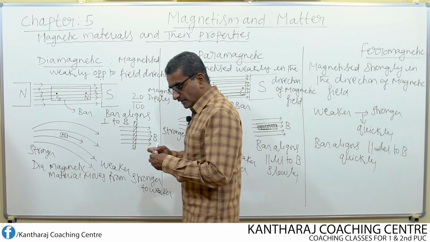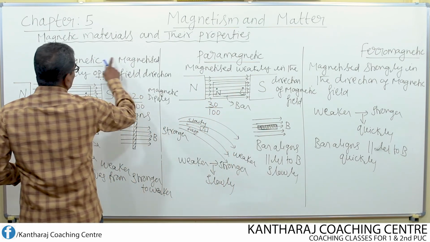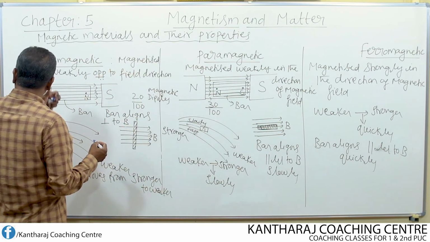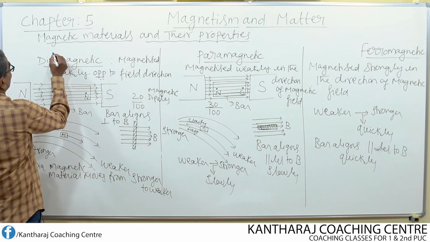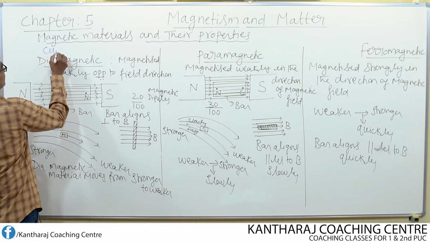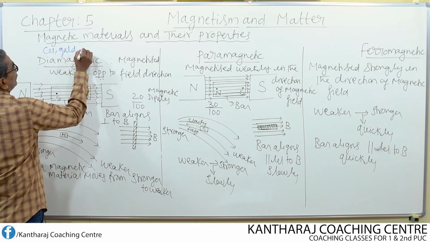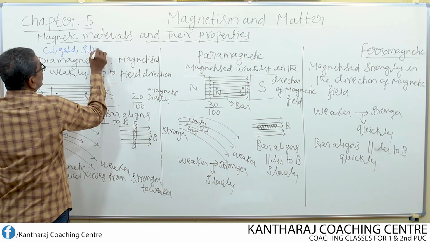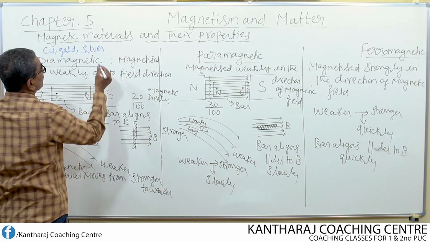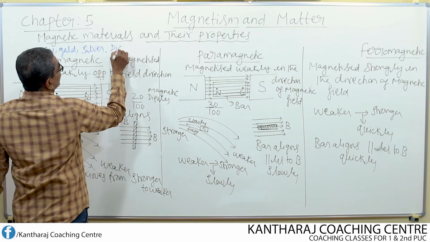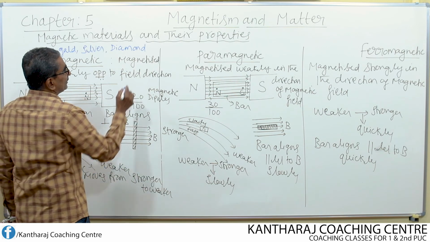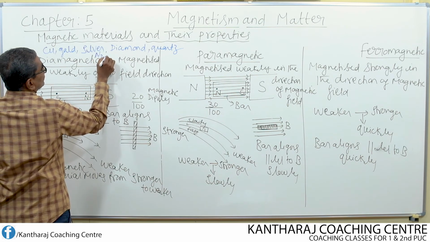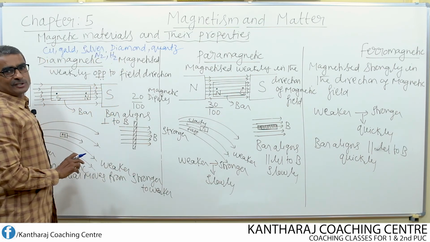Now let us write a few examples for diamagnetic material, paramagnetic material, and also for ferromagnetic material. For diamagnetic material, I can consider copper, gold, silver, that means Au and Ag, then diamond, quartz, nitrogen, then hydrogen.